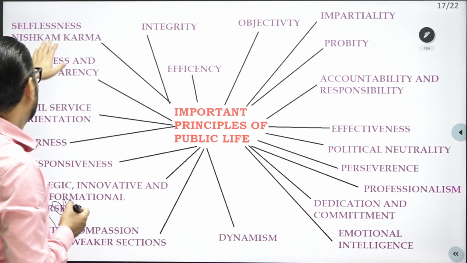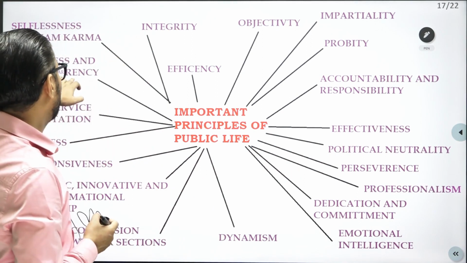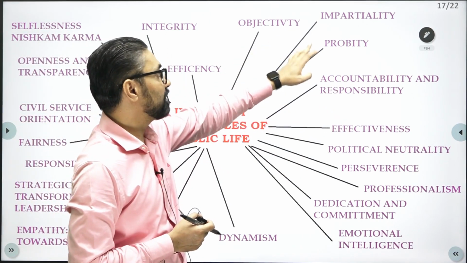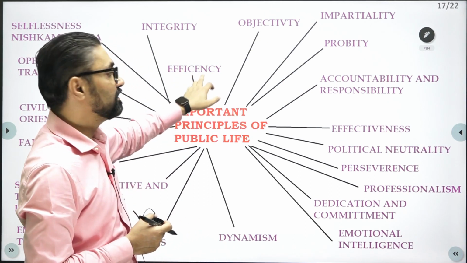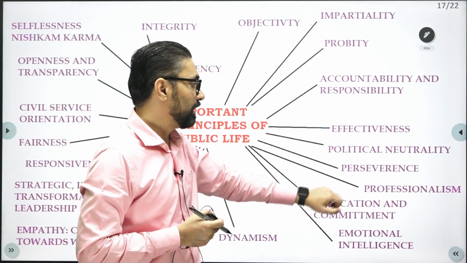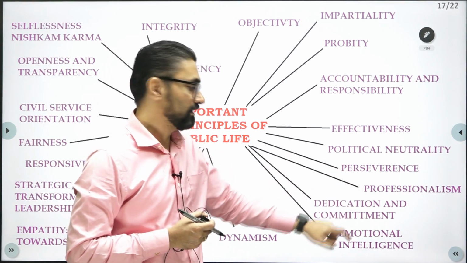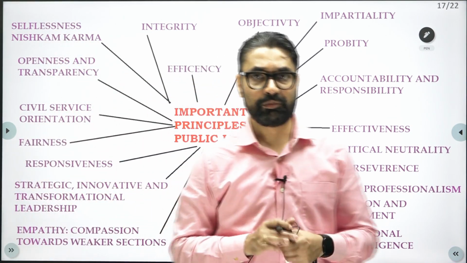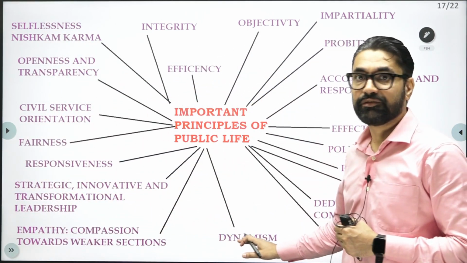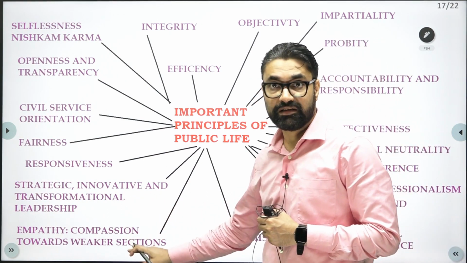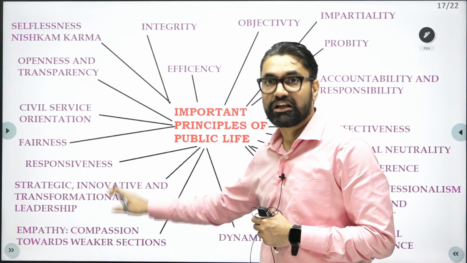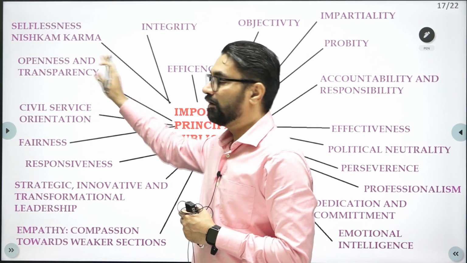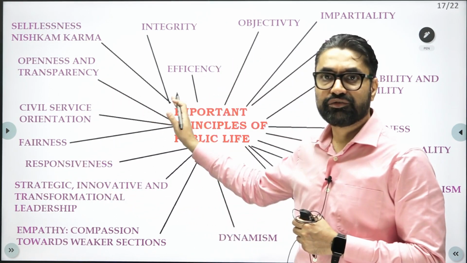So for example, selflessness or nishkam karma, integrity, openness and transparency, accountability and responsibility they have mentioned, then objectivity, impartiality, probity, economy, efficiency, effectiveness, then political neutrality, perseverance, professionalism in civil service, dedication and commitment, then emotional intelligence, which is a separate topic we will be discussing, then dynamism in civil service, then empathy or compassion towards weaker sections, then strategic, innovative and transformational leadership, then responsiveness, fairness, civil service orientation, etc. So almost 20-25 values I have mentioned here.